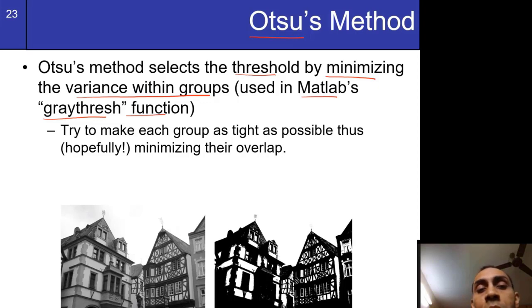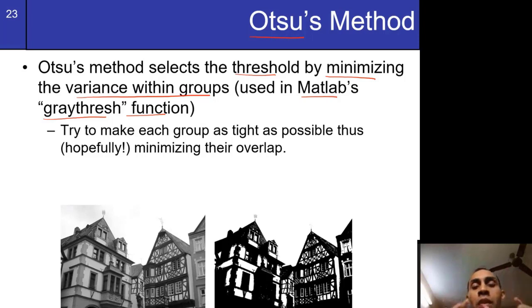By either minimizing the within class variance or maximizing the between class variance, this algorithm tries to keep each group as tight as possible. So rather than getting a spread out distribution, it tries to get each distribution tight.